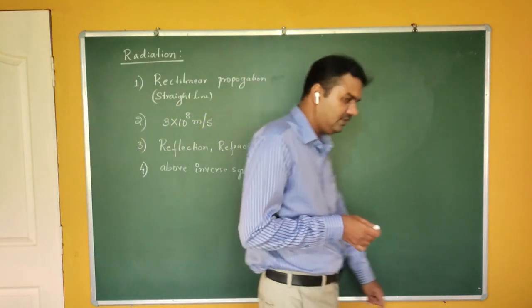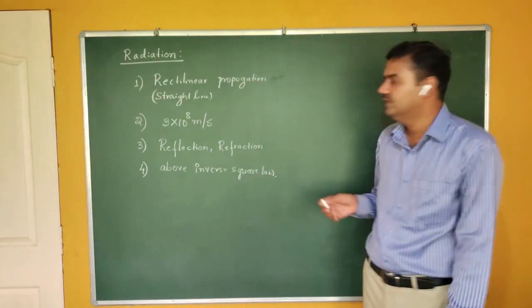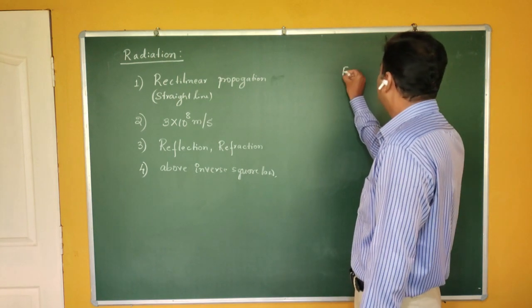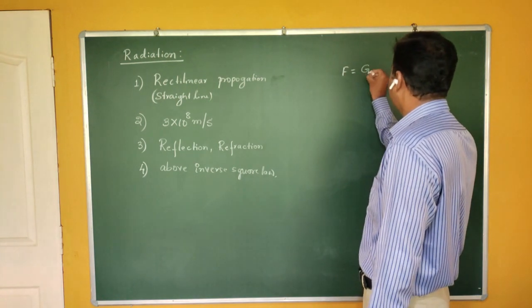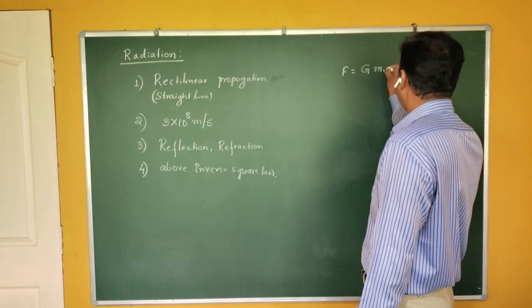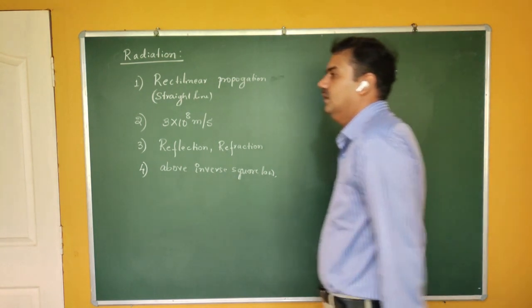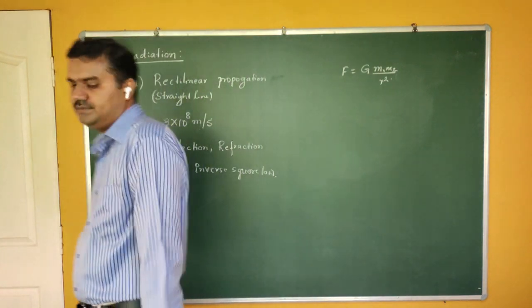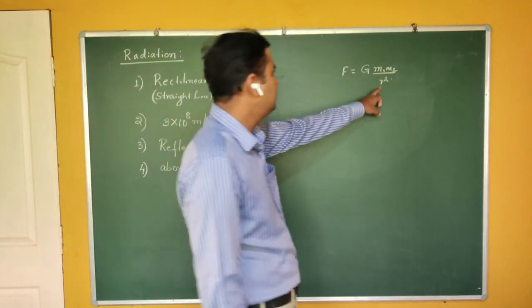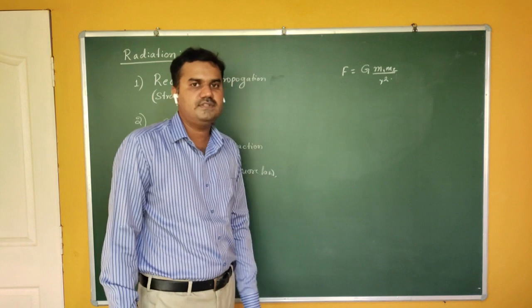You can see that the gravitational force, or the electrostatic force, there are a large number of forces which obey the inverse square law. As you can see, F is equal to G into M1 into M2 divided by R square. So as the distance increases, the force decreases.